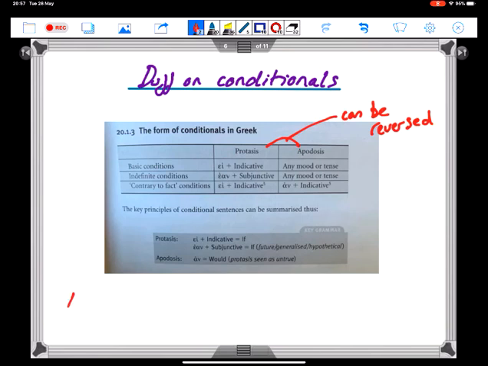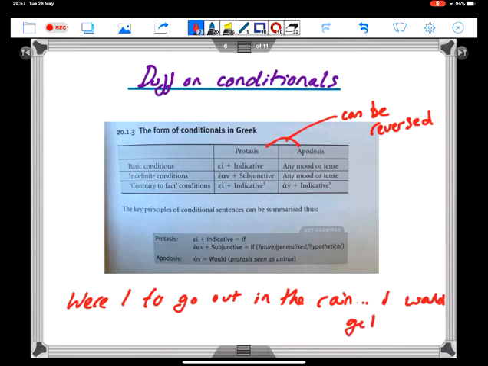You could say, were I to go out in the rain, I would get wet. We haven't used the word if in English. You're not always going to want to use the word if in Greek, but you do need to be aware you're still expressing a conditional.